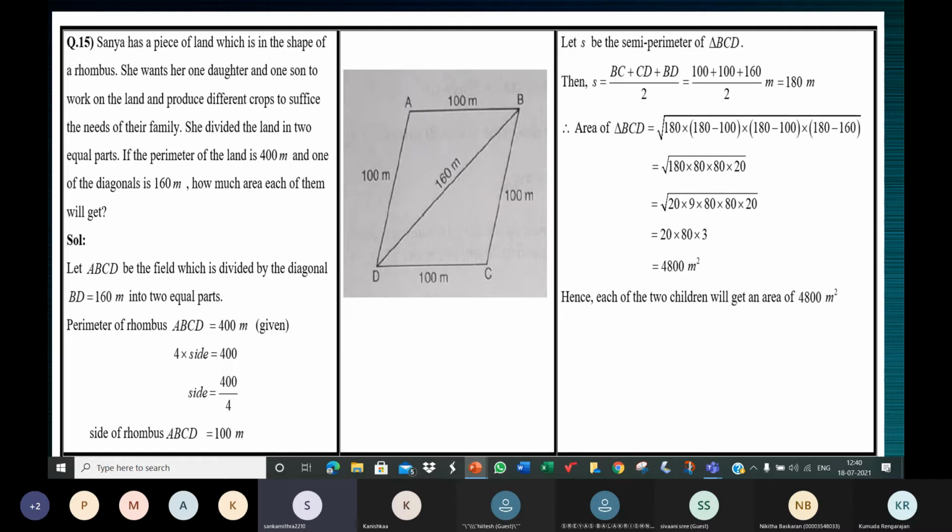So it will be 10,000 minus 6,400, 3,600. Root will be 60. So AO is 60 and AC will be 120. Very good, Sangamitra. Thank you. All right, children. So this is similar to the earlier one.